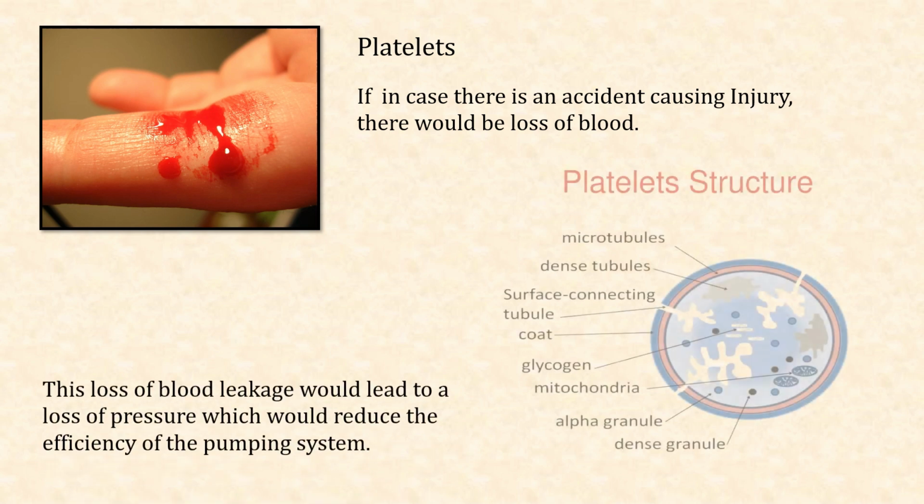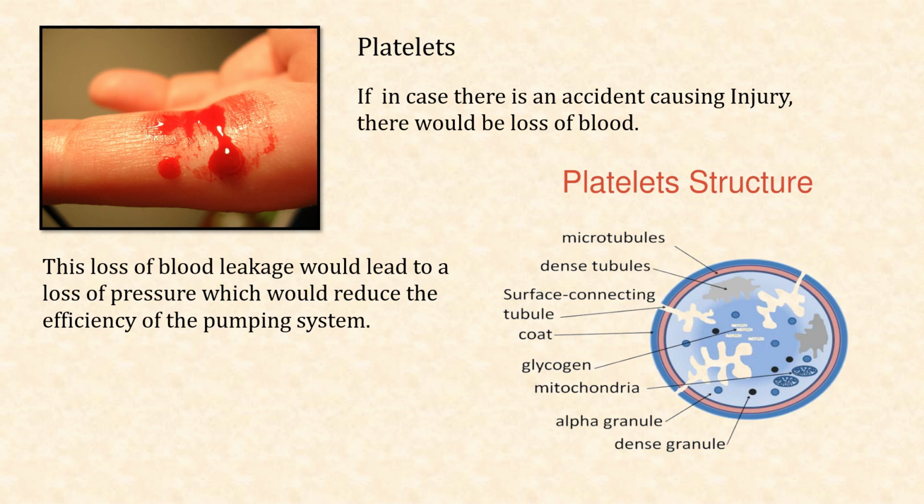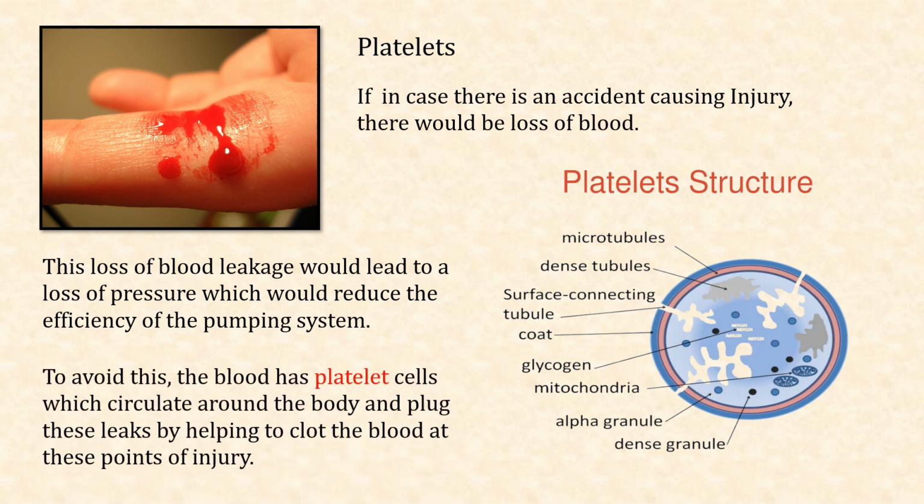The loss of blood would lead to a loss of pressure, which would reduce the efficiency of the pumping system. On your right side is a platelet structure. To avoid this, the blood has platelet cells which circulate around the body and plug these leaks by helping to clot the blood at these points of injury.